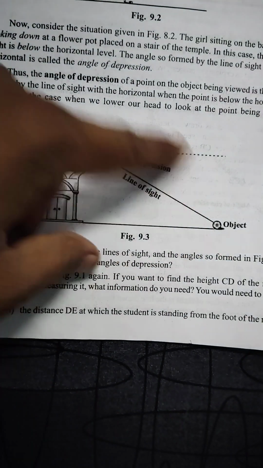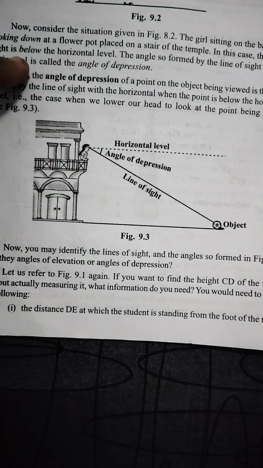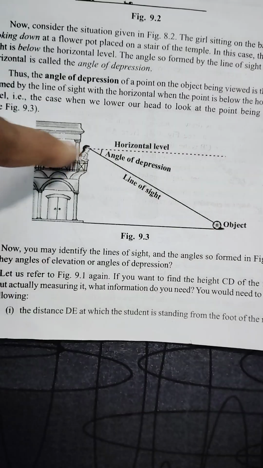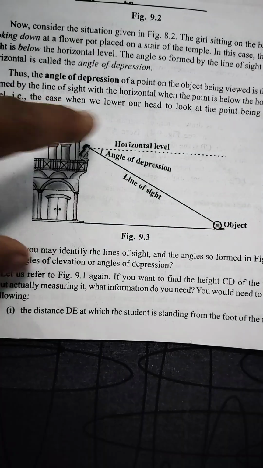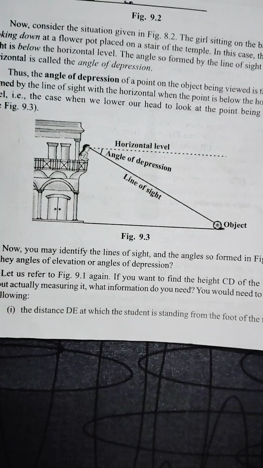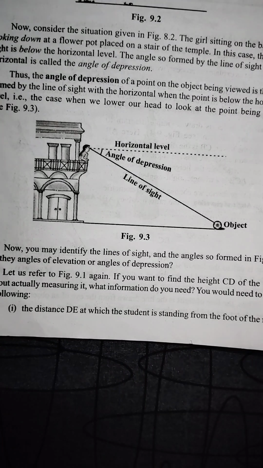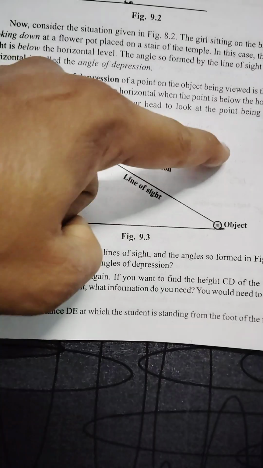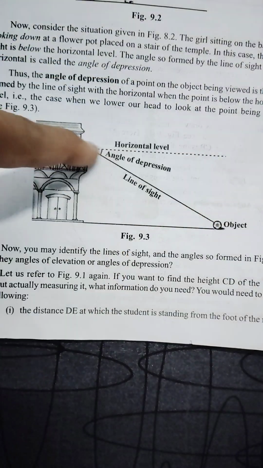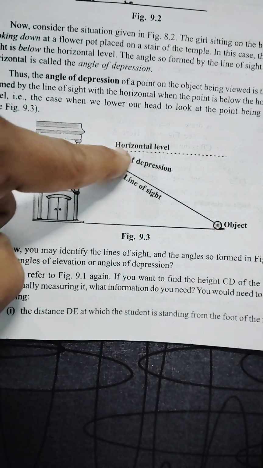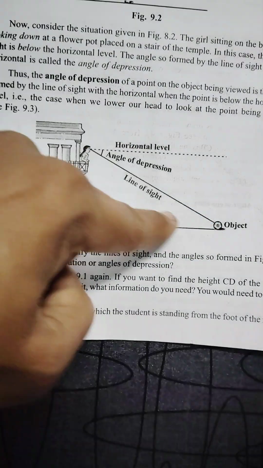In this case, the line of sight is below the horizontal level. The angle so formed by the line of sight with the horizontal is called the angle of depression. This is the angle of depression, this is the horizontal line, and this is the line of sight.